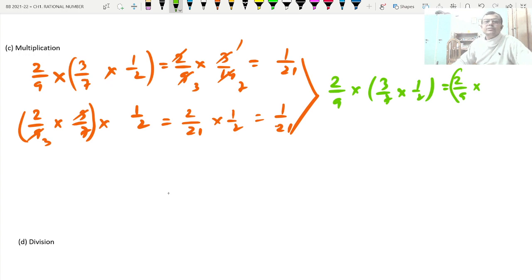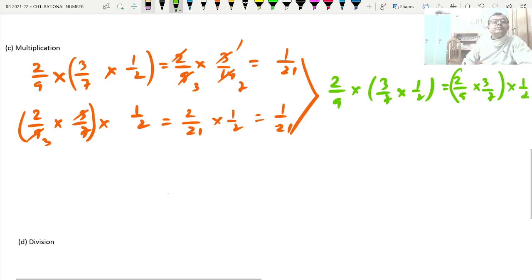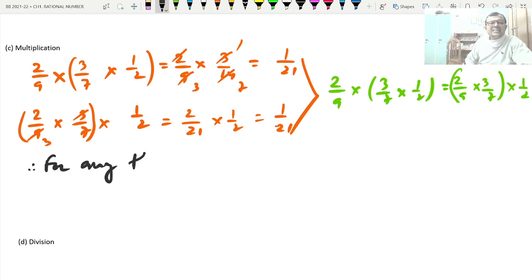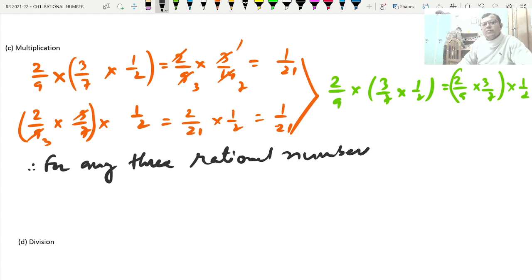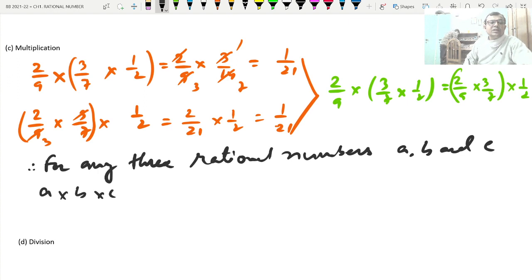That is, for any three rational numbers A, B, and C, A into B into C, this division bracket is equal to A into B into C. This is always true.